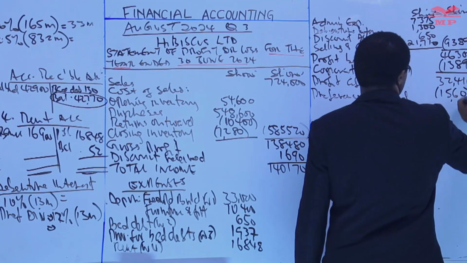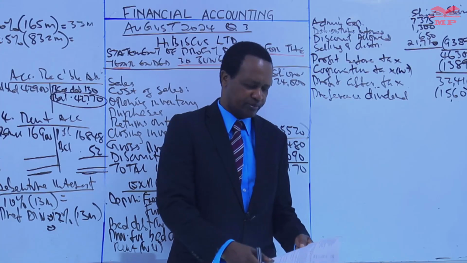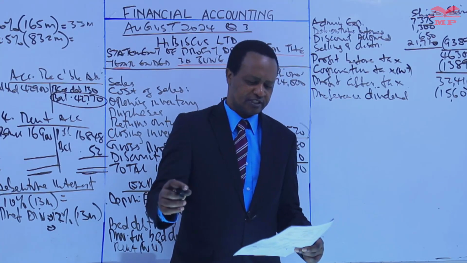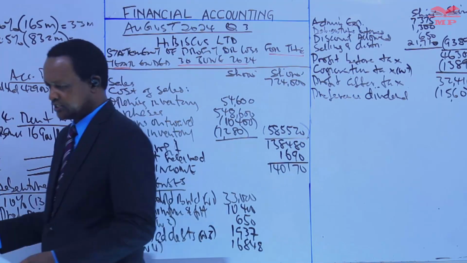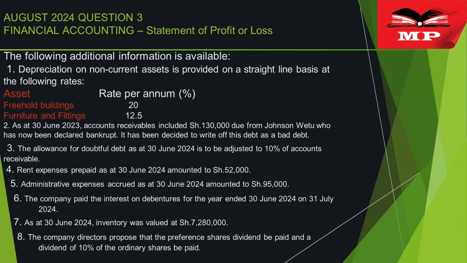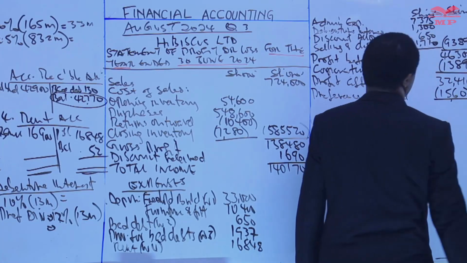We deduct. Then apart from the preference dividend, we read in note number 8 that a dividend of 10% of the ordinary shares be paid. But first of all, let's deduct that.